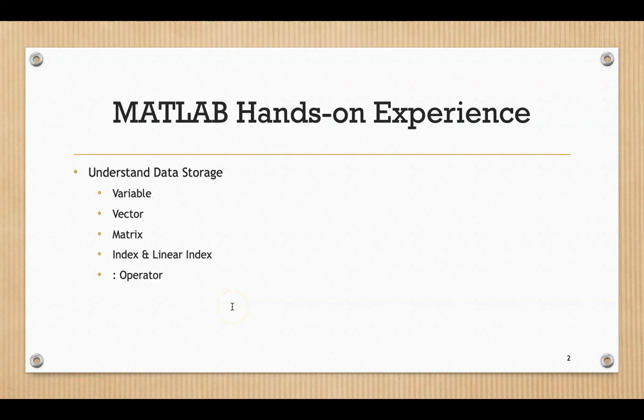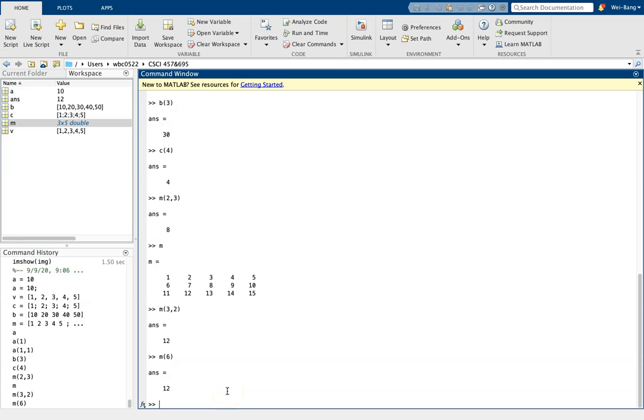In addition, in MATLAB, there is a very powerful operator, the colon operator. The colon operator allows you to retrieve or access a bunch of elements at the same time. How do you use the colon operator?